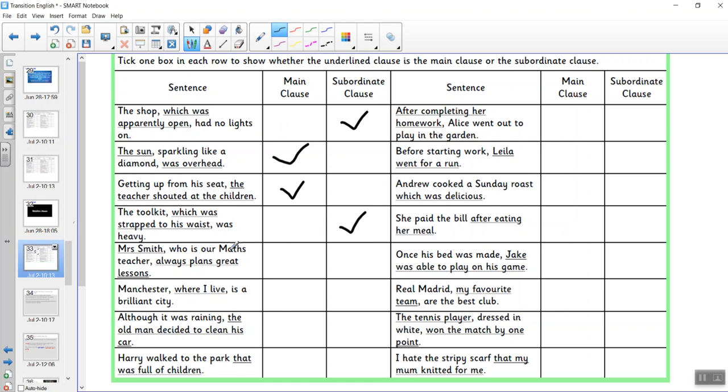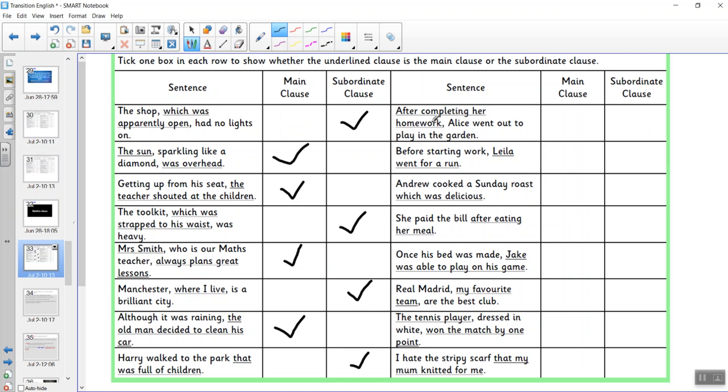Mrs. Smith, who is our maths teacher, always plans great lessons. Main clause. Where I live, subordinate clause. Although it was raining, that's a subordinate clause. The old man decided to clean his car. Main clause. Harry walked to the park that was full of children. Subordinate clause.